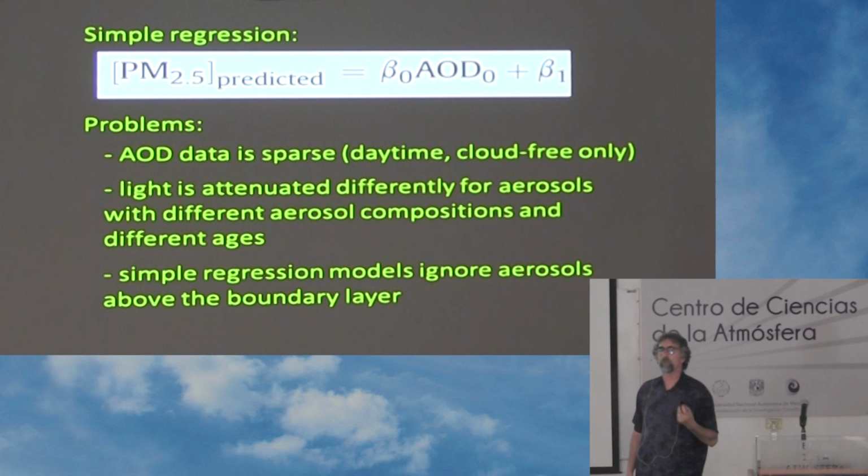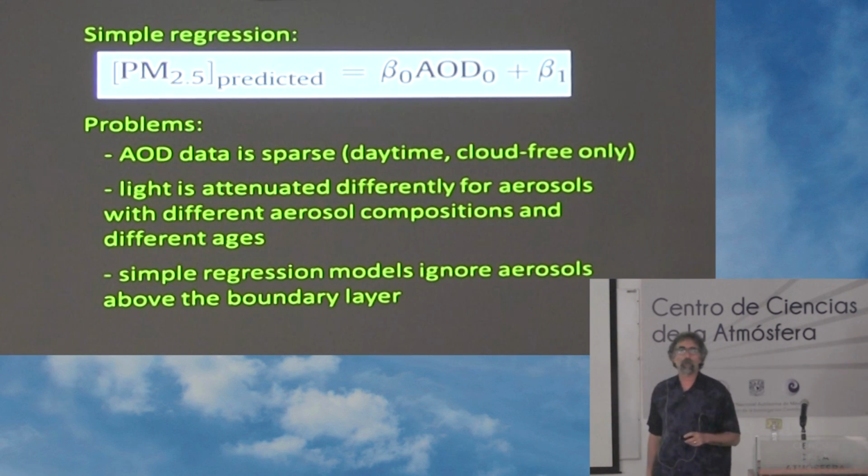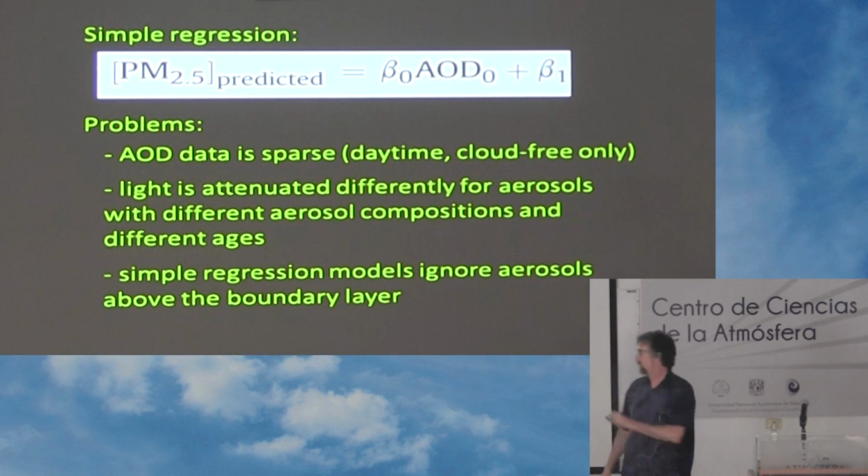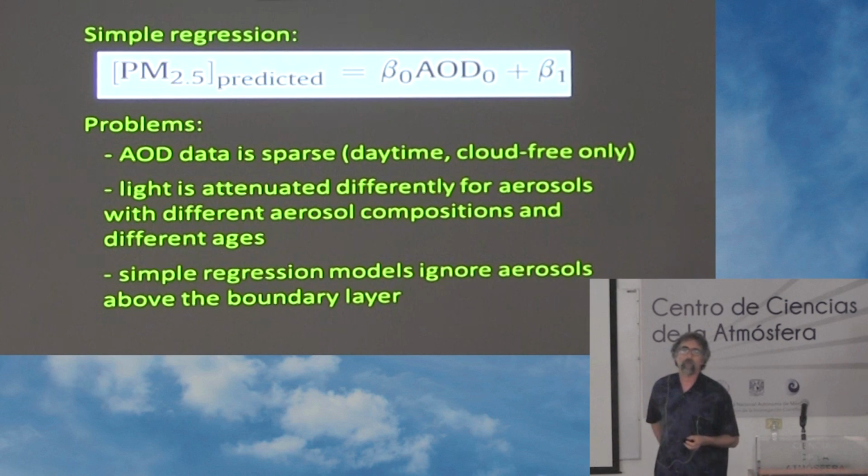You perform a simple regression model, you have an equation. So then maybe you have a day where the PM 2.5 instrument is not working, no problem. You can use the satellite measurement and this equation to estimate PM 2.5. That's how it works. It's very simple, and this is basically the state of the art, right?